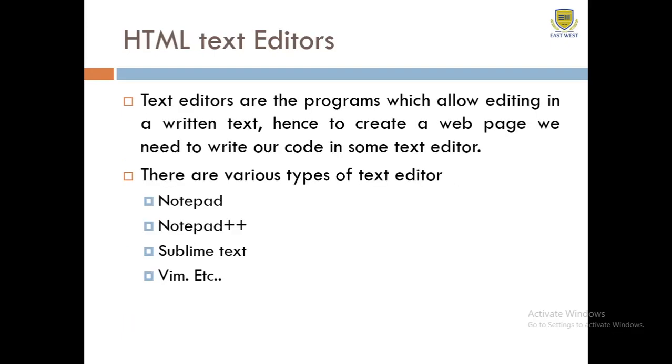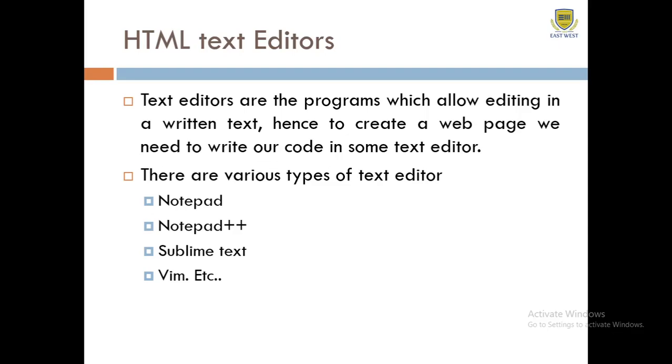Fine. Next we are going to talk about HTML text editors. How can we write HTML code? An HTML file is basically a text file. To create an HTML file, we can use any of the text editors you can see on the screen: Notepad, Notepad++, Sublime Text editor, or the Vim editor.